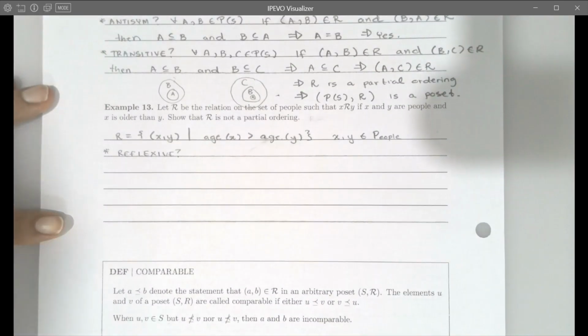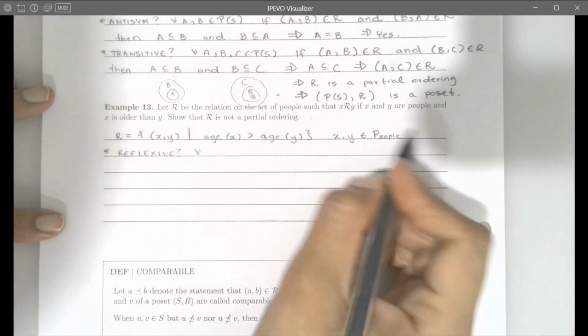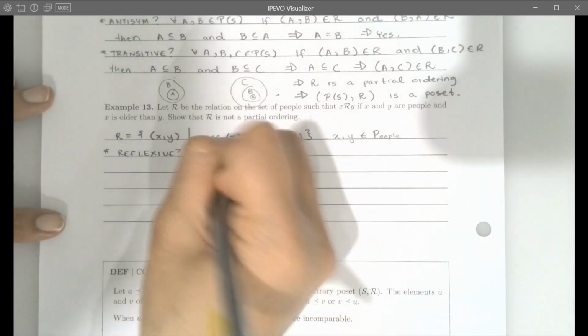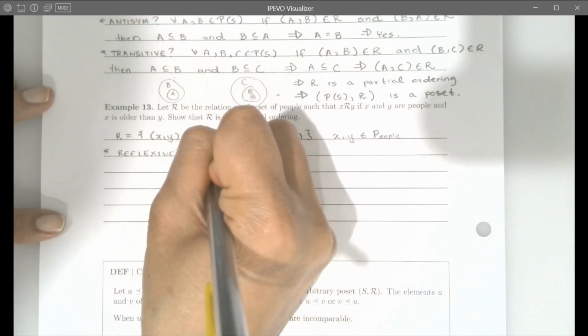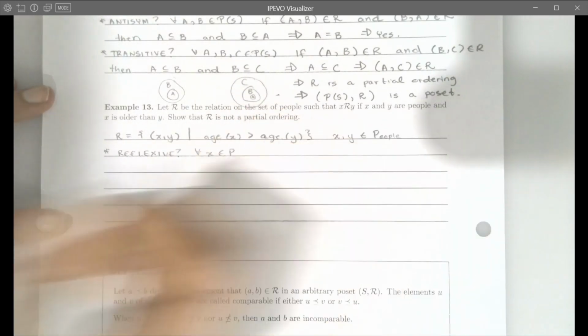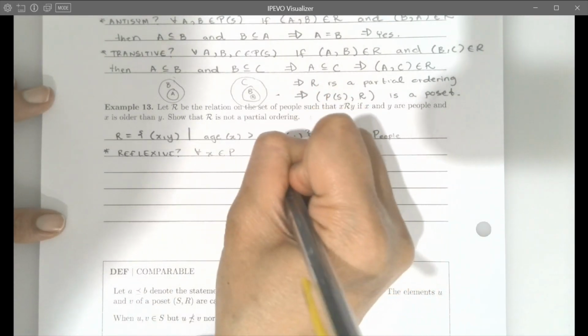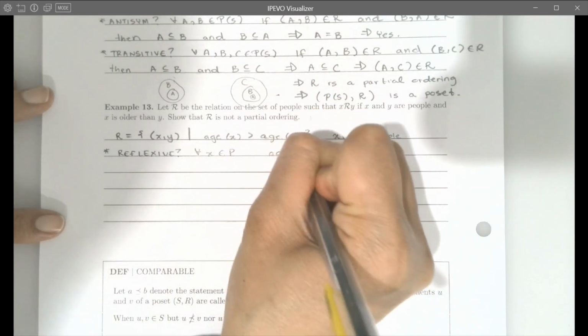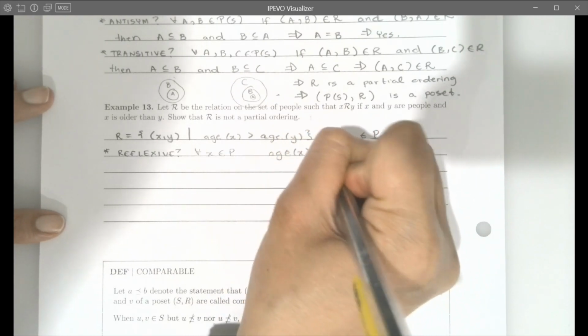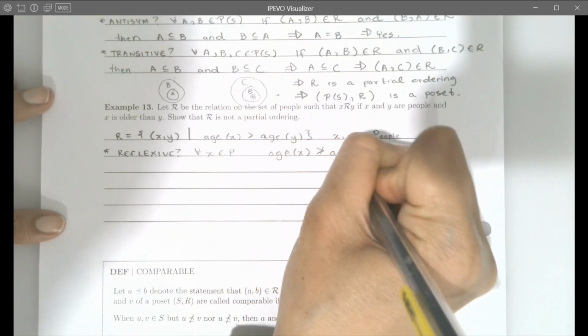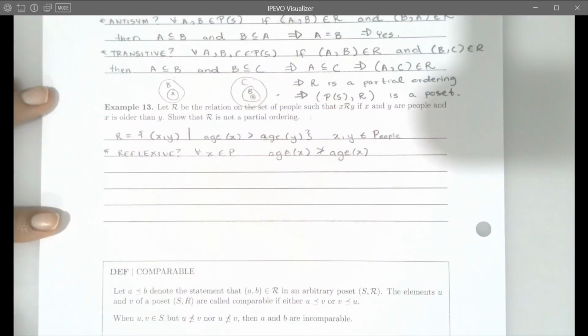For any person who is part of the set P, so let's just call it X. For any person X, well, the age of X is not going to be greater than the age of X, right? Meaning no one is going to be older than themselves.